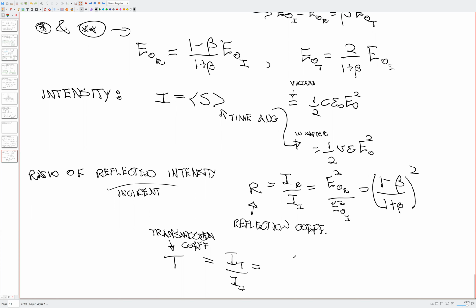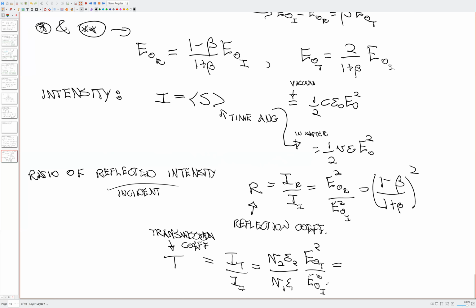You have to be a bit careful because there's a ratio of the velocities appearing here, coming from this definition where we changed things. It is E0T squared over E0I squared.